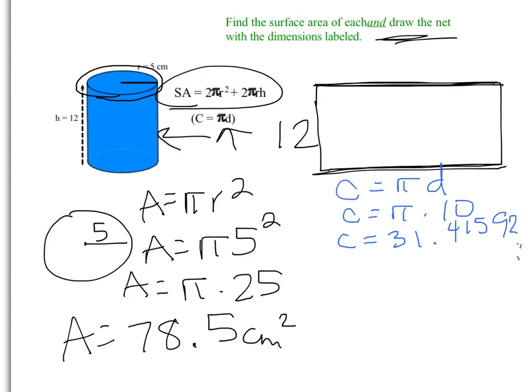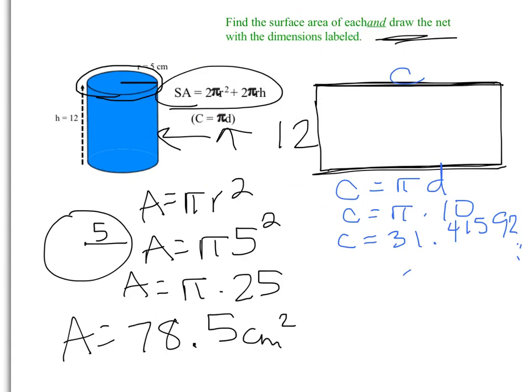Let's put that in our calculator and leave it in our calculator as the decimal that never ends. Keep that whole decimal in there. And that is this number right here, this circumference up here.